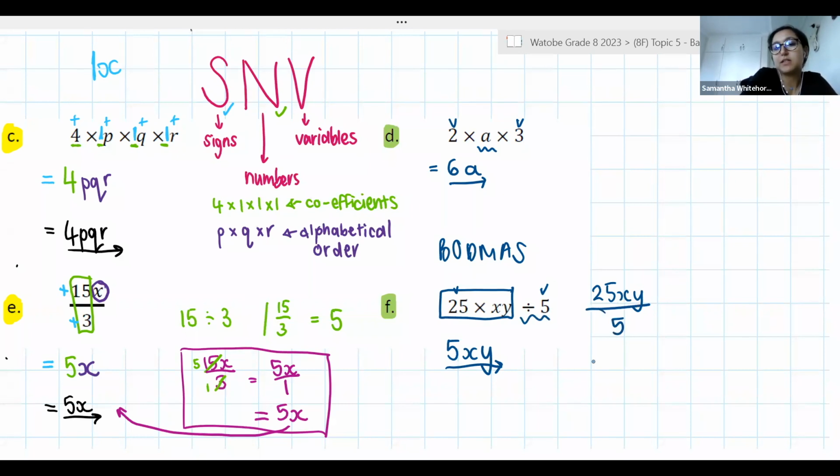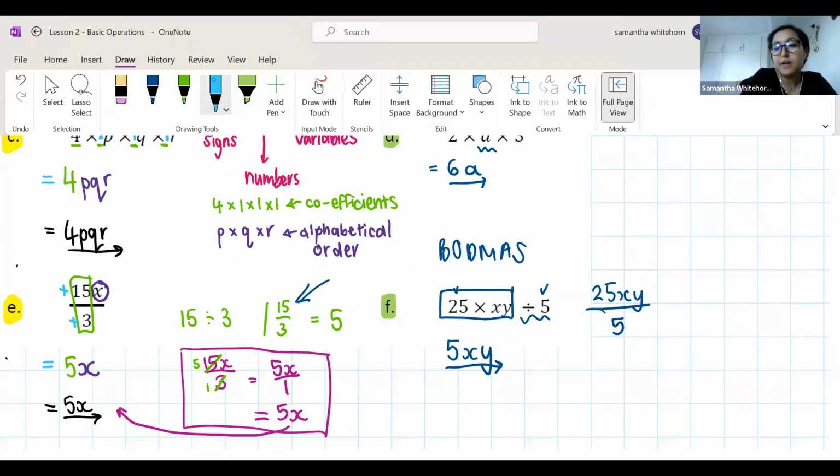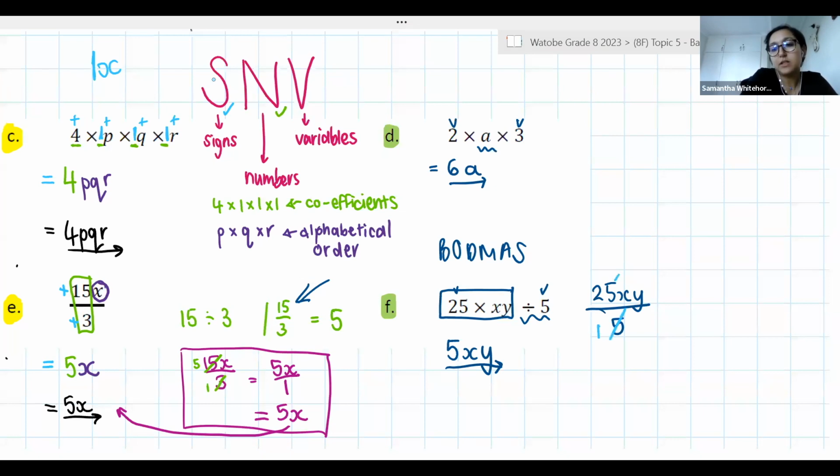So I could write this as a fraction, very much like what we had in E. And then I can apply the same steps. I can cross cancel, or I can simplify this fraction. 5 divides into 5 once, and into 25 5 times. And so what I'm left with is 5xy over 1, or 5xy.